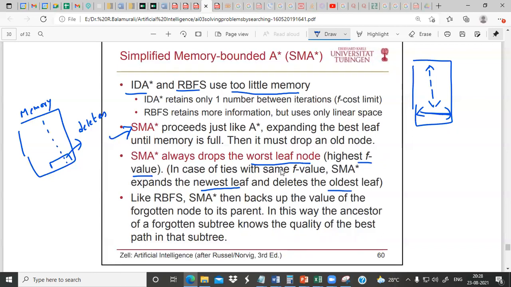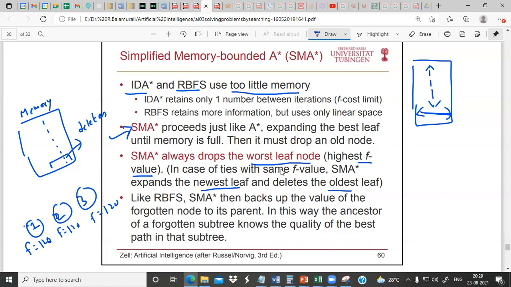So suppose there are three leaf nodes, node 1, node 2, node 3, and all these three are worst nodes. That is, their f value is high and they are also equal. Say their f values are 120, 120 and 120. Now all these are leaf nodes and they are the worst nodes.